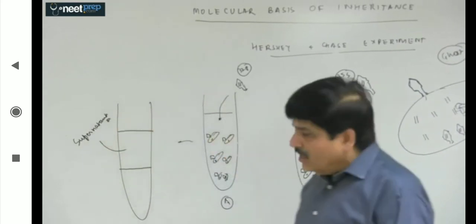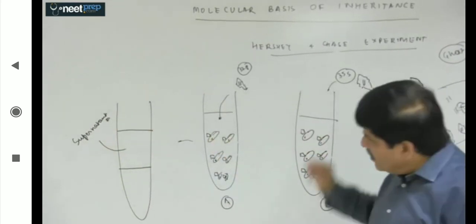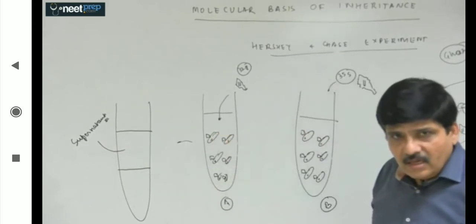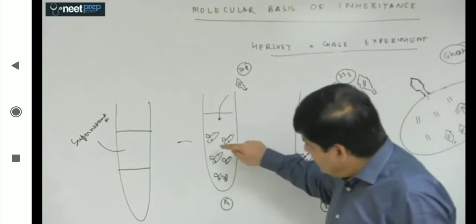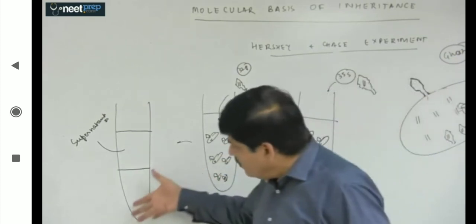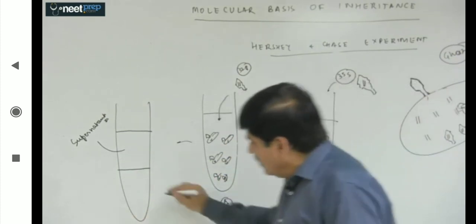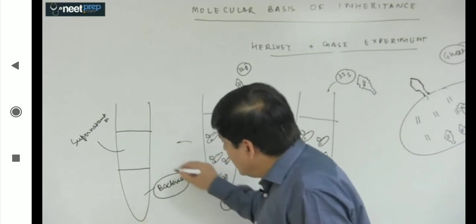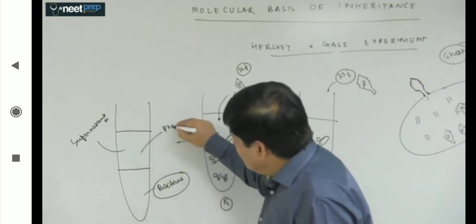This is very, very easy to understand, because bacteriophages are much smaller than the bacterial cell, and therefore bacterial cells are actually heavier than the bacteriophages. So in the lower part, what will be getting sedimented will contain the bacteria, and the supernatant will contain the phages.